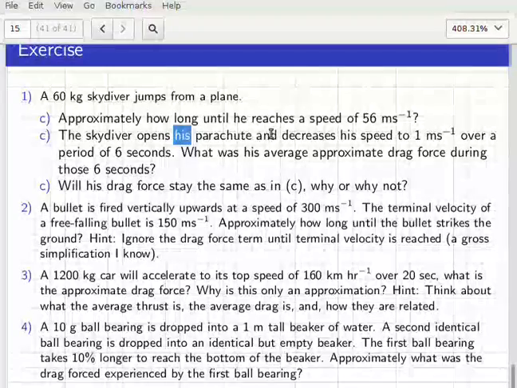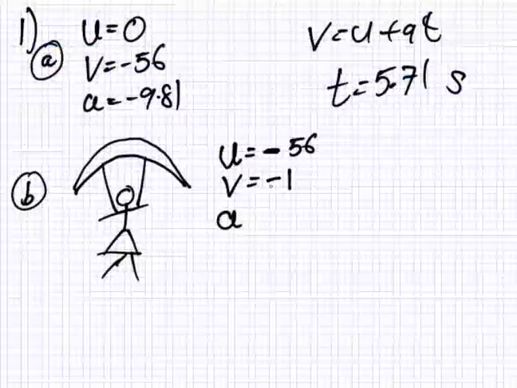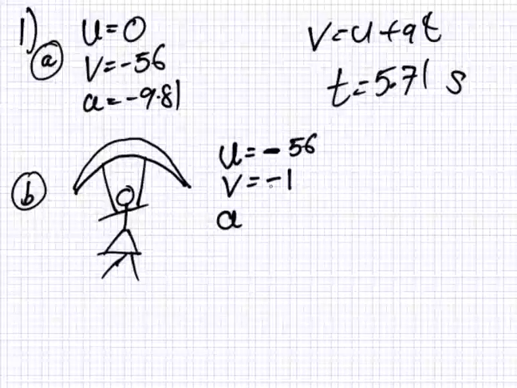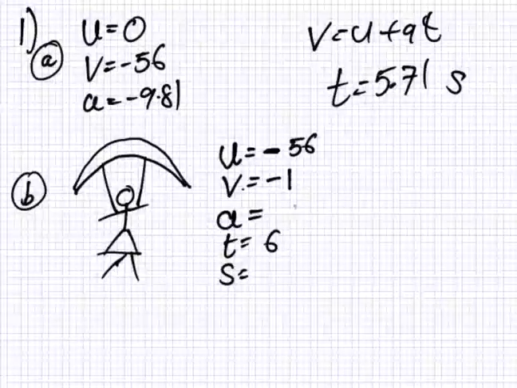And then when they're at 56, they open the parachute. When skydivers jump, first they jump, and then after a few seconds, they open. So U is minus 56, V is minus 1, A we don't know, T we do know, S we don't know. Okay, I really want to know what the A is.